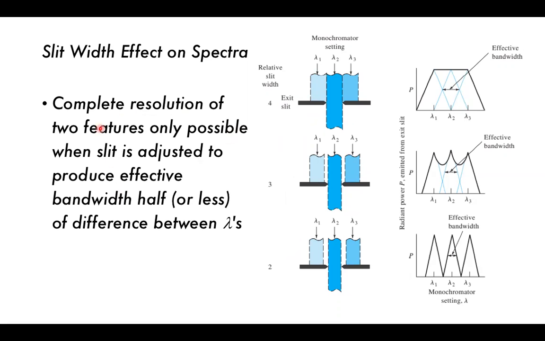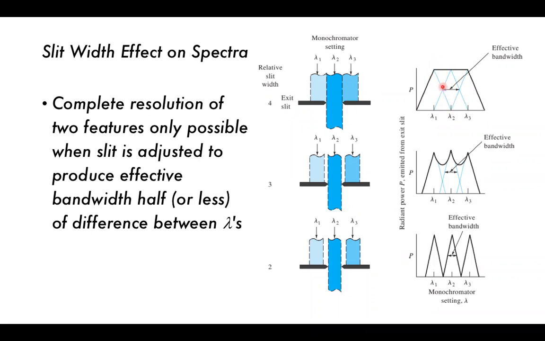Complete resolution of two features is only possible when the slit is adjusted to produce an effective bandwidth half or less of the difference between the wavelengths. Here we have three wavelengths, 1, 2, and 3, and those are their effective bandwidths. At exit slit 4, we're just seeing a kind of continuum. We're not really seeing any peaks because of the overlap of the different bandwidths.